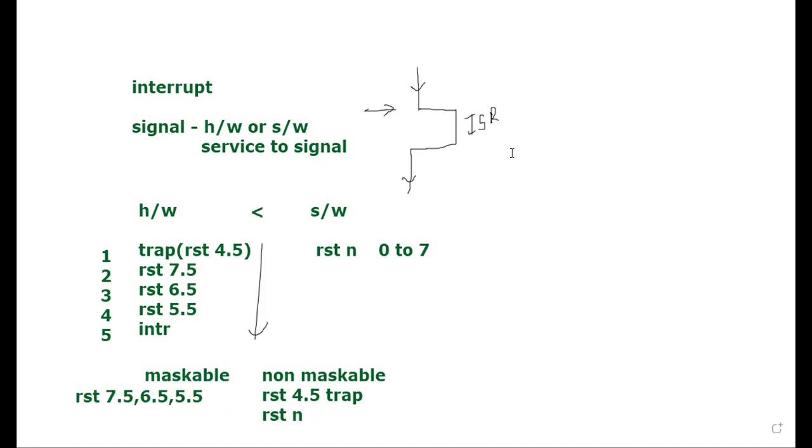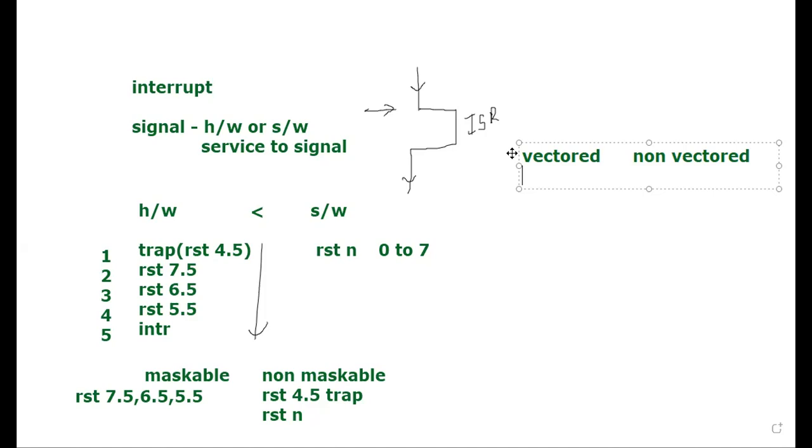Then the interrupts are also divided into vectored and non-vectored interrupts. What are the vectored interrupts? The interrupt service routine is at a fixed location. When these interrupts occur, the control will be transferred to a fixed location. Then it is called a vectored interrupt. While in a non-vectored interrupt, the interrupt service routine will not be at a fixed location.